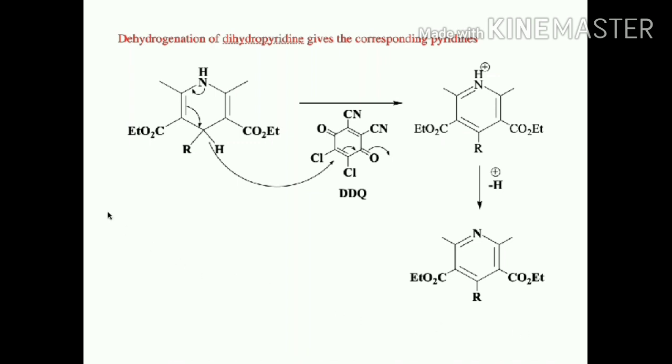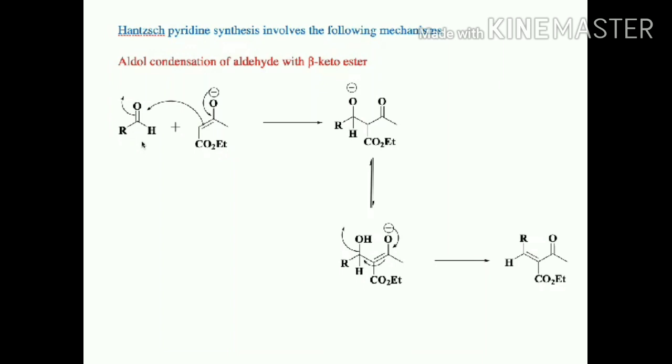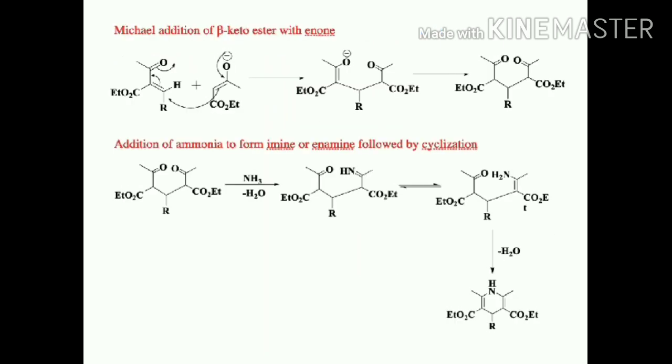Since Hantzsch pyridine synthesis is a multi-component reaction, several reactions take place to give the final product. First step is aldol condensation of aldehyde with beta keto ester, and whatever intermediate is formed in the aldol condensation step is going to react with one more beta keto ester via Michael addition reaction, and in the Michael addition reaction there will be a second intermediate, that is the 1,5 dicarbonyl compound.